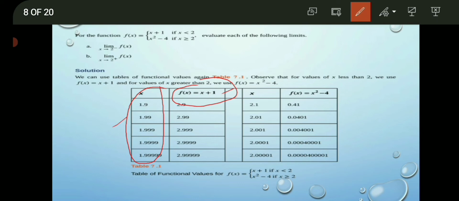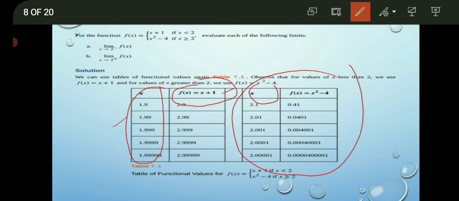For 1.9 we have 2.9, for 1.99 we have 2.99, for 1.999 we have 2.999, for 1.9999 we have 2.9999, and for the last, 1.99999 we have 2.99999.